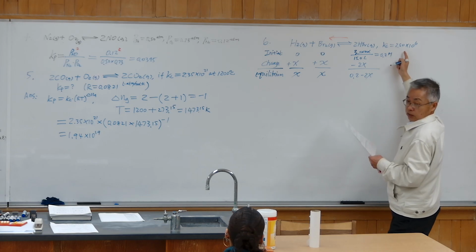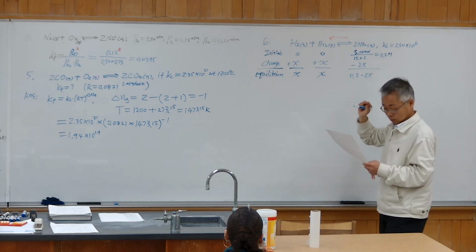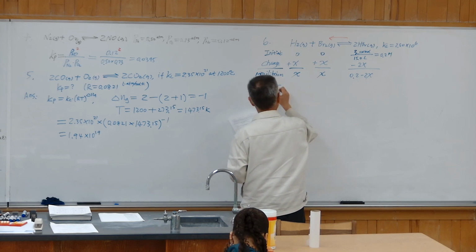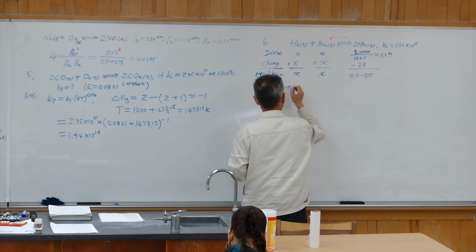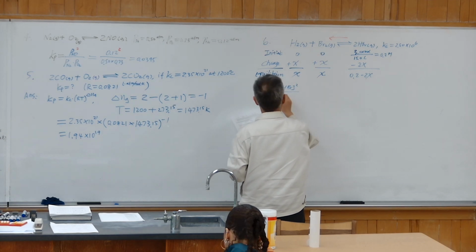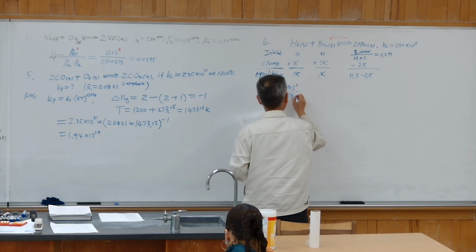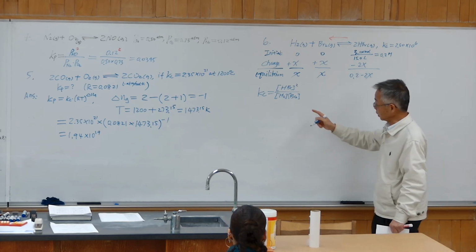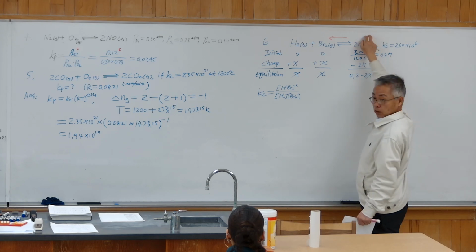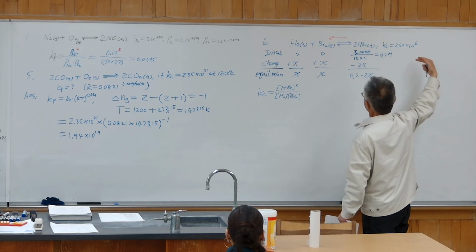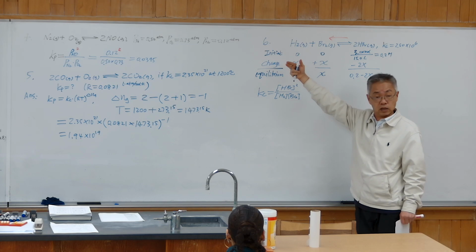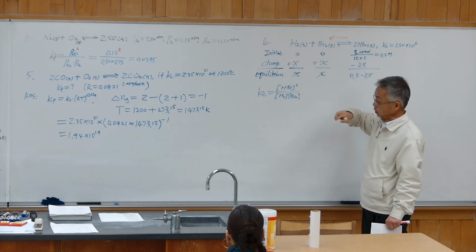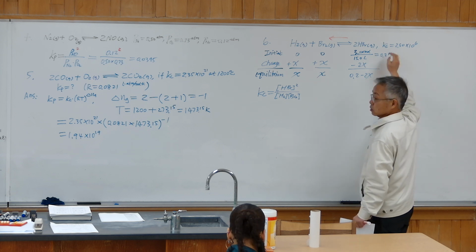Clearly, you need to use this condition to solve for X. So Kc will be HBr raised to the second power in the numerator, H2 and Br2 in the denominator, right? When you write a Kc or Kp, it is still products over reactants, even though the actual reaction goes from right to left, because initially there is no H2 or Br2, you cannot go from left to right. But when you write Kc for this reaction, it is still this formula.